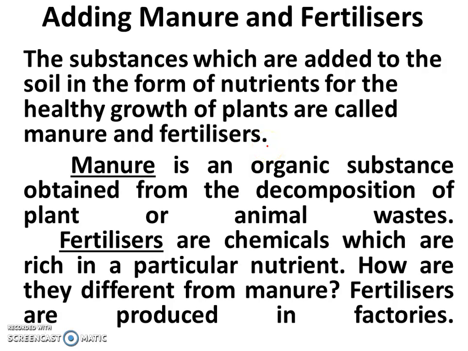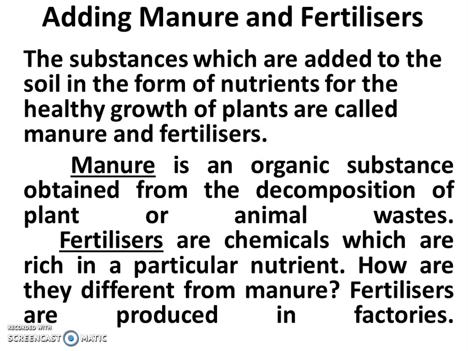Now the third step is adding manure and fertilizer. Soil is prepared, seeds are in the soil, now we have to make the soil healthy. For that we have to add manure and fertilizer.